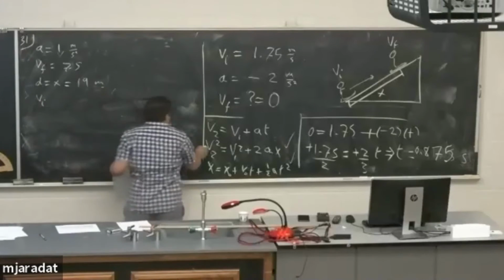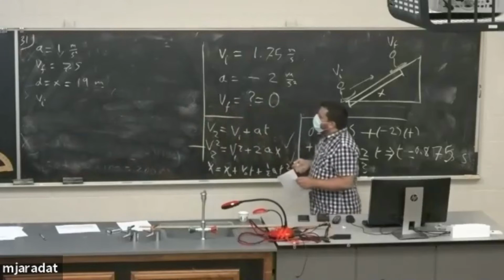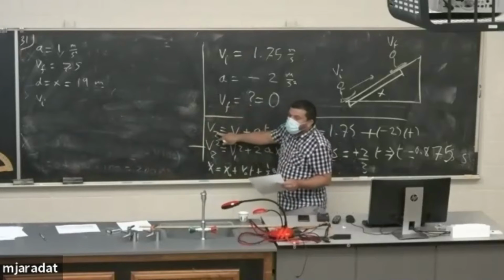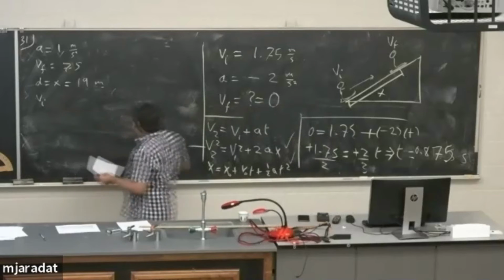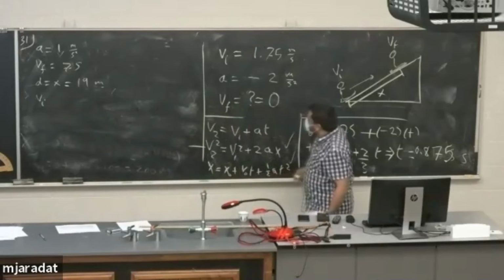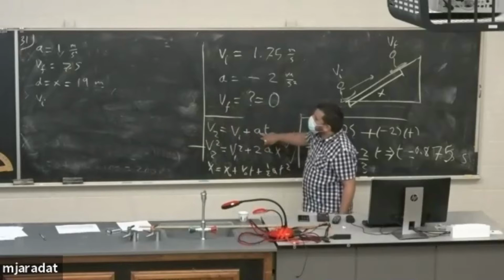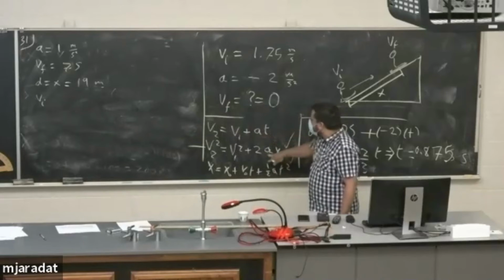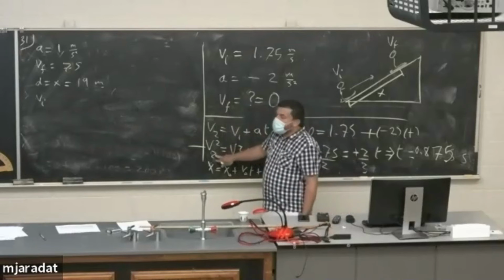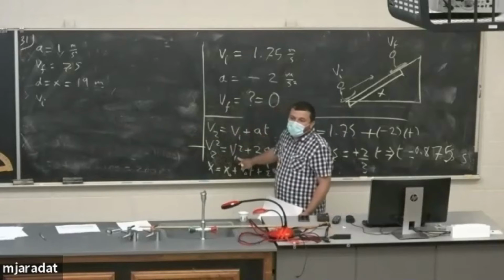Using just the second equation. If you use the first one, you don't have the time. The second one, you have the position, the acceleration. V2 is given, V1 you need to find.